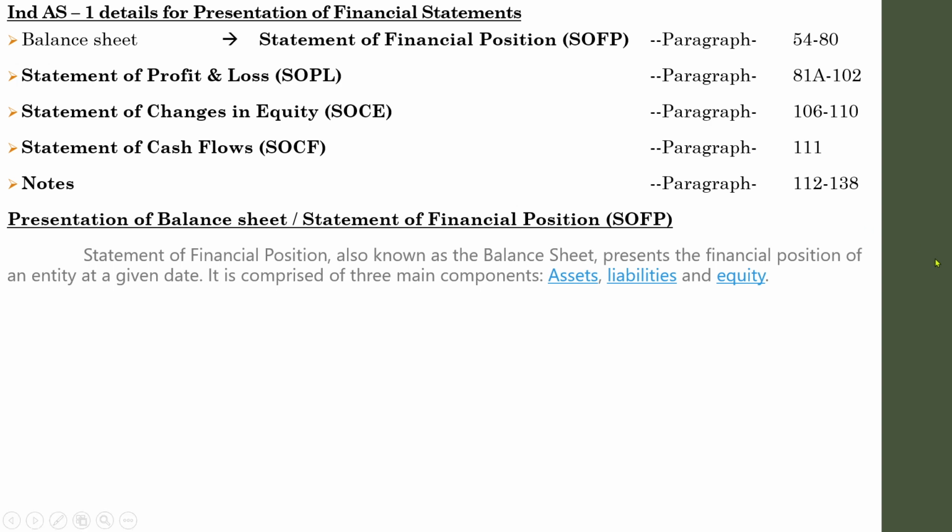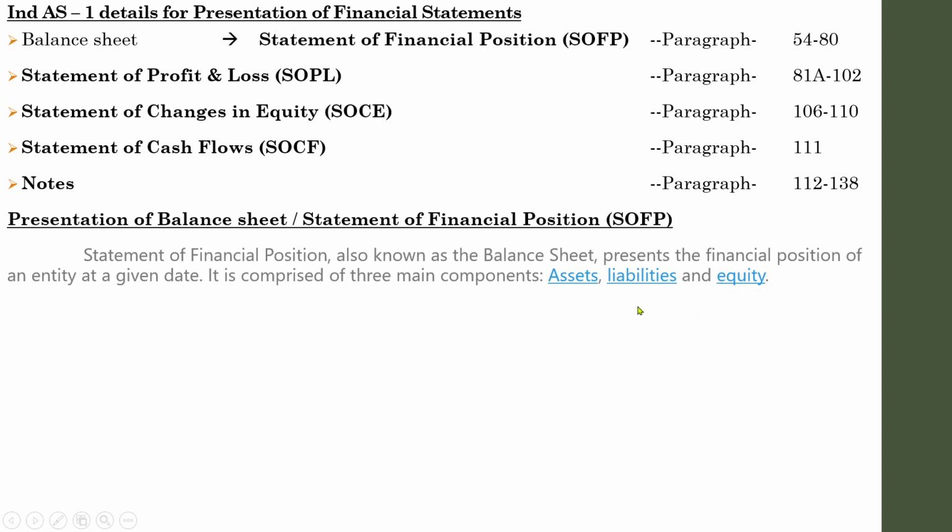The statement of financial position, also known as balance sheet, presents the financial position of an entity at a given date. The given date will be the end of an accounting period. It comprises three main components: assets, liabilities, equity. In the beginning of the session, I mentioned that there are two items, assets and liabilities, but from the INDAS point of view, you need to consider equity more important or relevant when compared to liabilities.